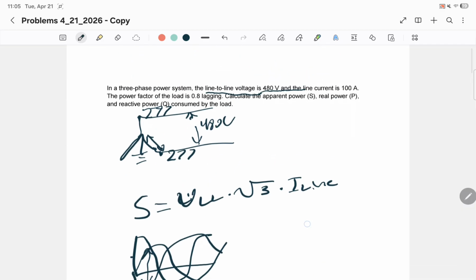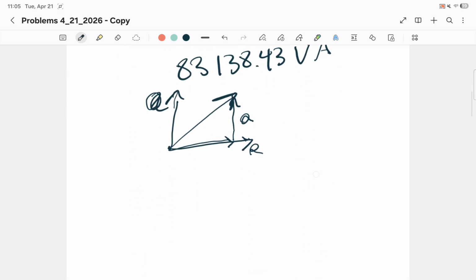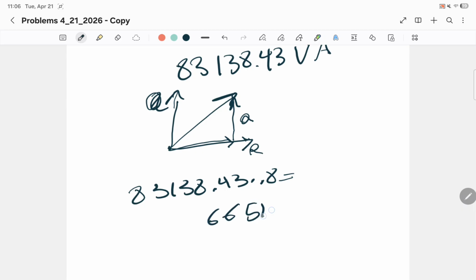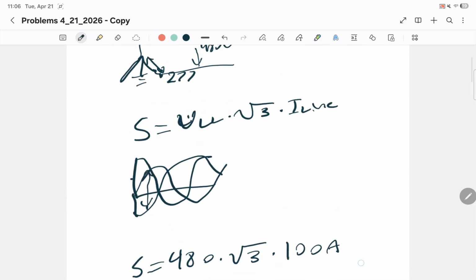You remember power factor is 0.8 in this problem, so just go 83,138.43, and then to get this leg, just do 0.8. You don't have to use any cosines or anything, which will give you 66,510 watts, or 66.5 kilowatts. It might be in kilowatts depending on the problem.